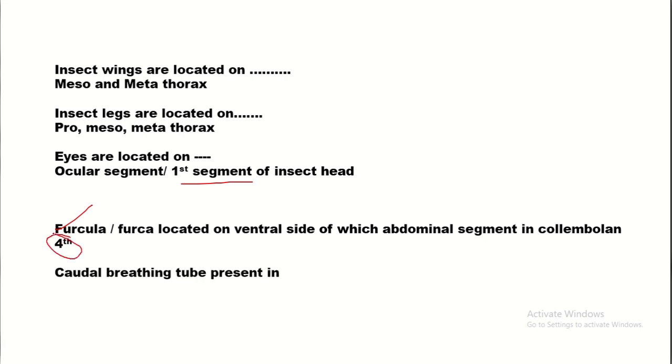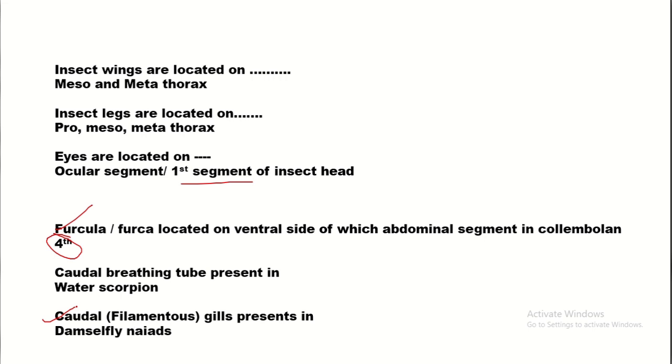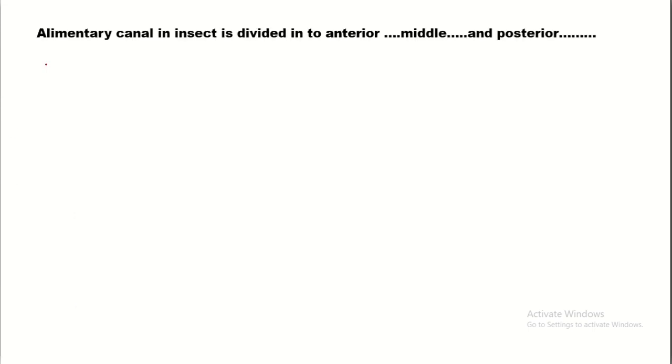Caudal breathing tube is present in water scorpion. Caudal filaments, the caudal gills, are present in damselfly nymphs. Alimentary canal in insects is divided into anterior foregut, middle midgut and posterior hindgut.